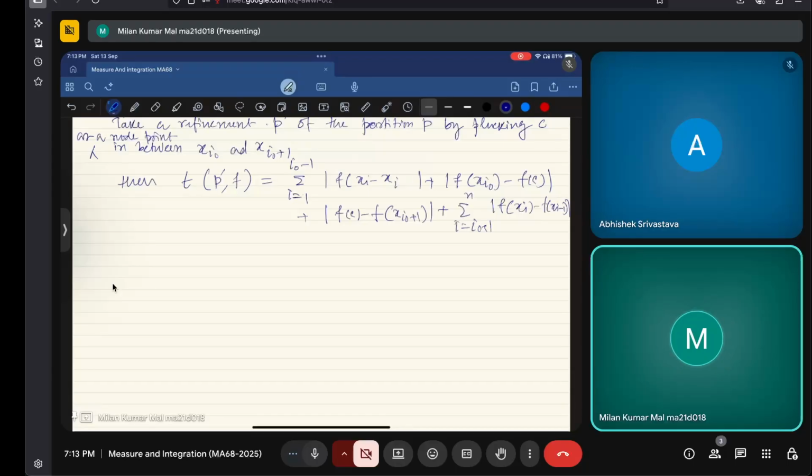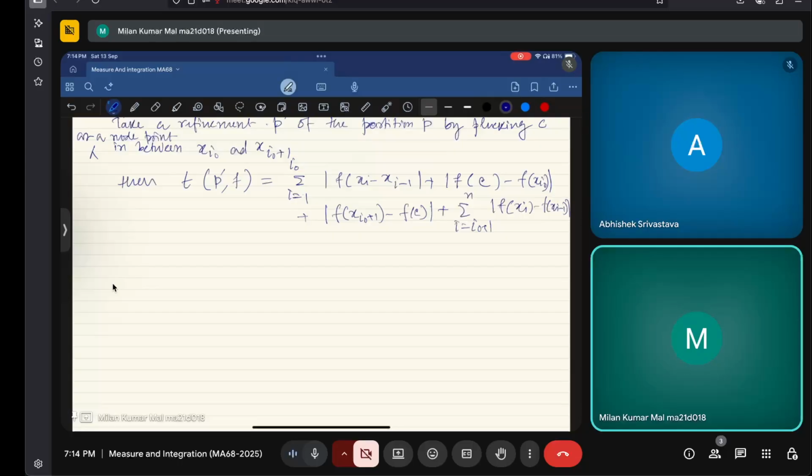Oh, this is minus, so this will be up to i0 − 1, so this will be like x_c minus i0. Yes, this is correct.